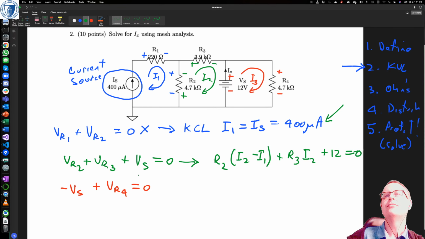Sounds good. And then the last one could be minus 12 plus R4 I3 equals to 0.